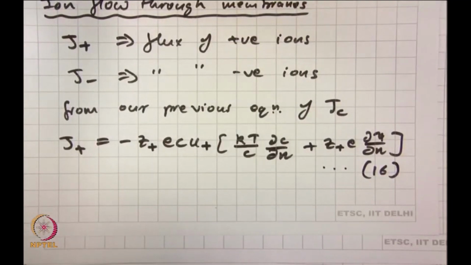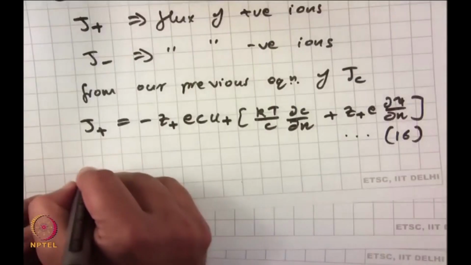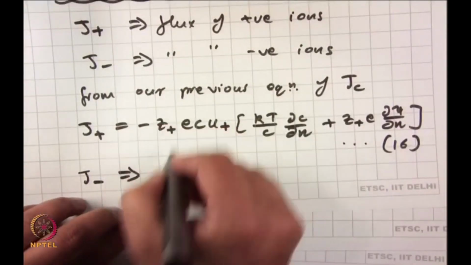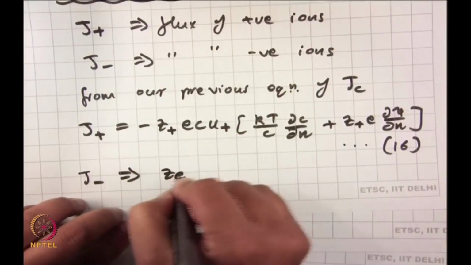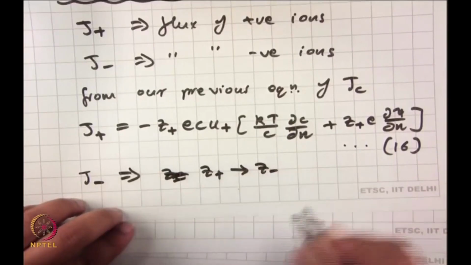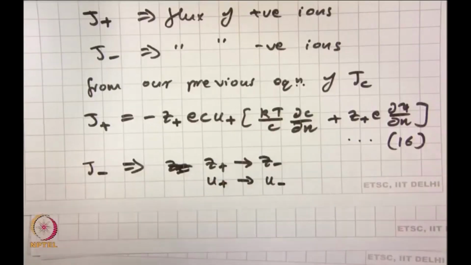J minus will be exactly the same, right, only for J minus, what will happen is Z plus gets replaced by Z minus and U plus gets replaced by U minus.